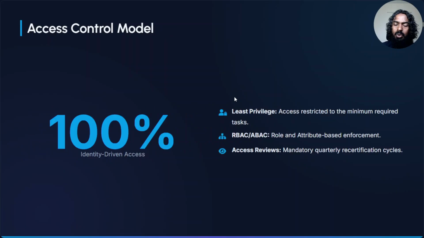Now, okay, let's talk about the access part of it. Who can access the data? And more importantly, who should not? That's important, right? So access should be identity driven, role based, and minimal as possible. But what usually happens? Access grows over time, right?